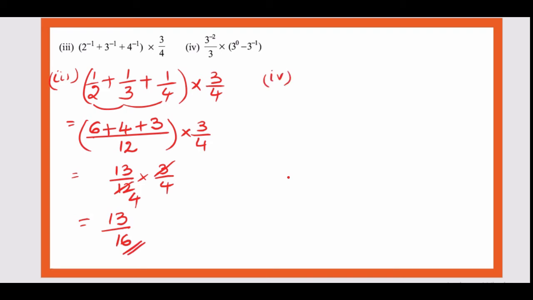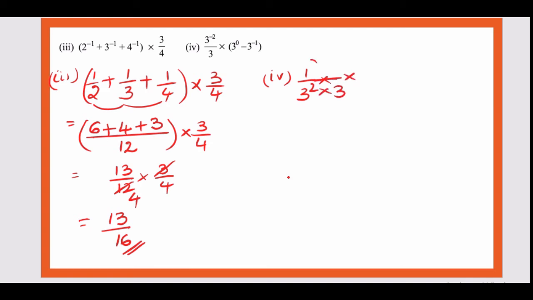Likewise, if I go with the fourth question, what can I do? 3 power minus 2, I can write as 1 by 3 square, into what is already in the denominator, which is 3.